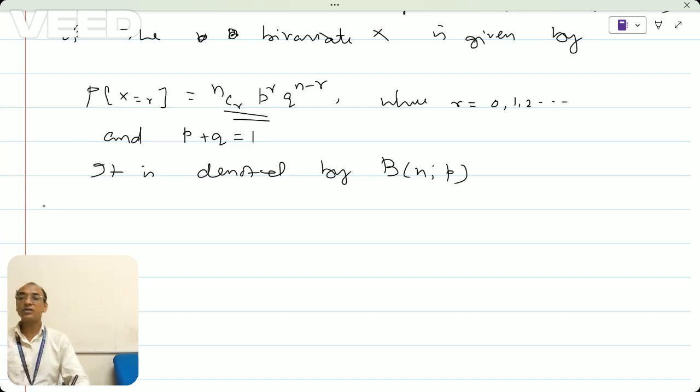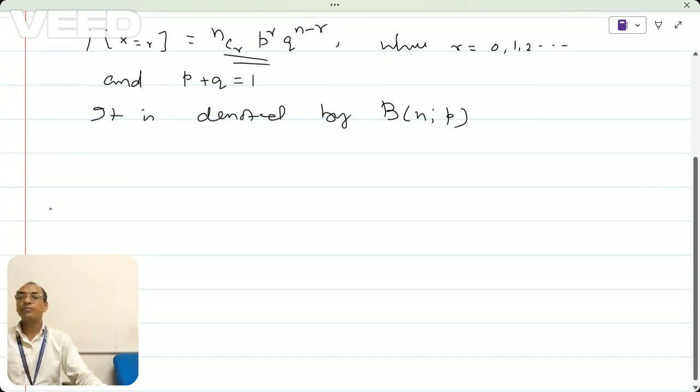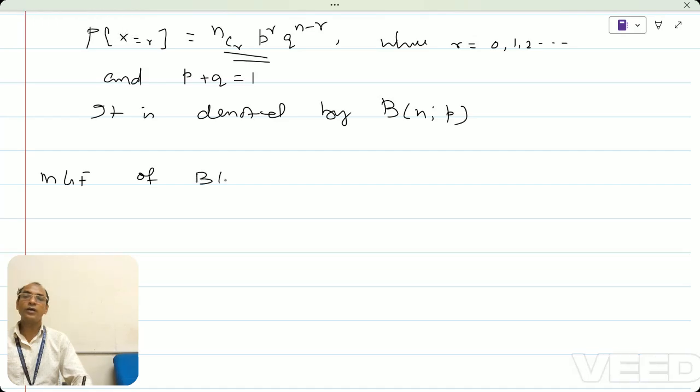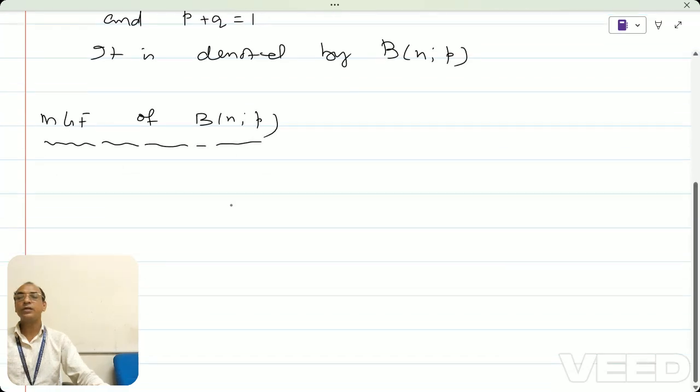Now let us first evaluate the MGF, moment generating function, of the binomial variate. So MGF of B of n semicolon p. What will be the moment generating function of the binomial distribution?